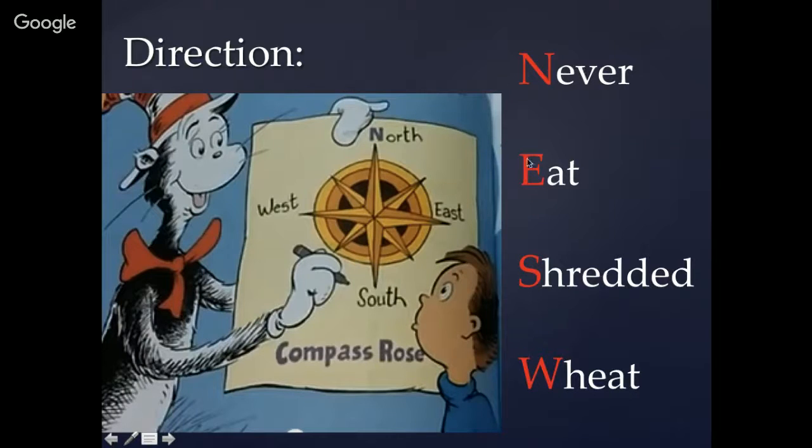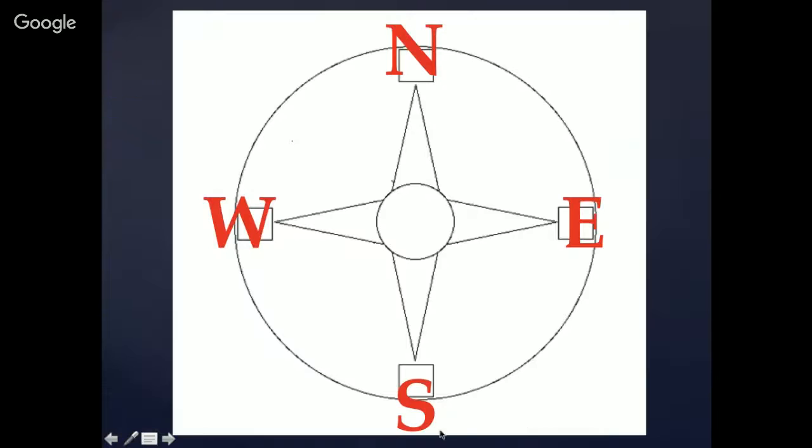That's north, east, south, west, and we'll discuss all these. Also, each student is going to get their own compass, which won't have the red letters on theirs. We'll do it together and decide which directions go where: north on top, east, south on the bottom, and then west. We'll do those together.